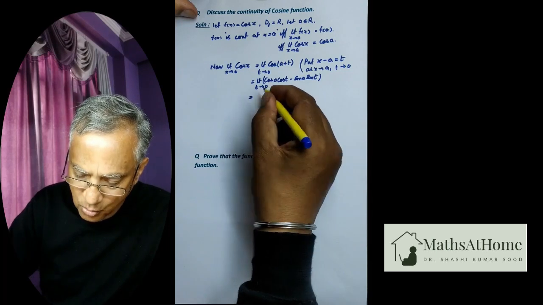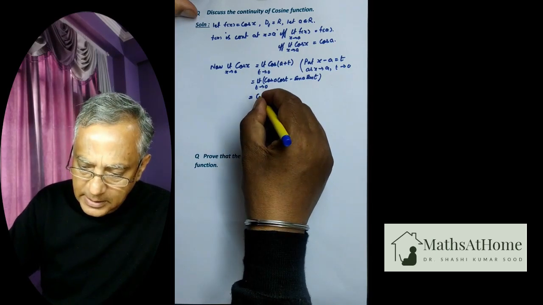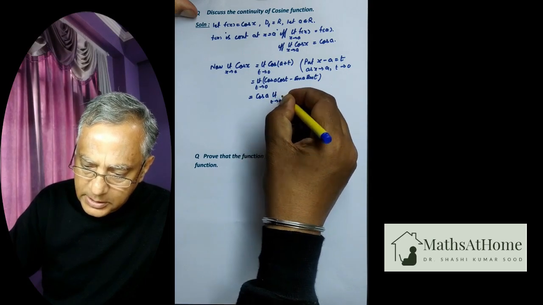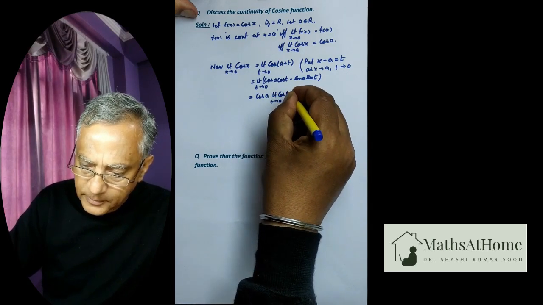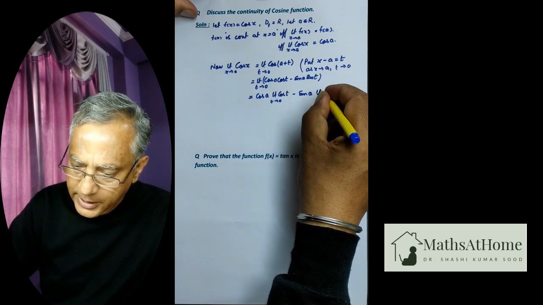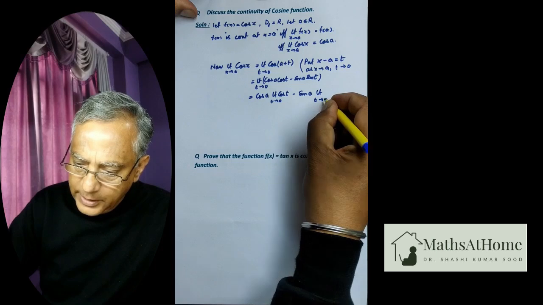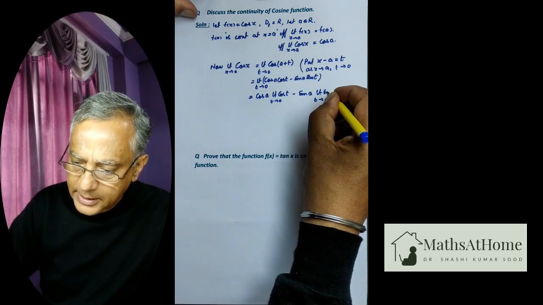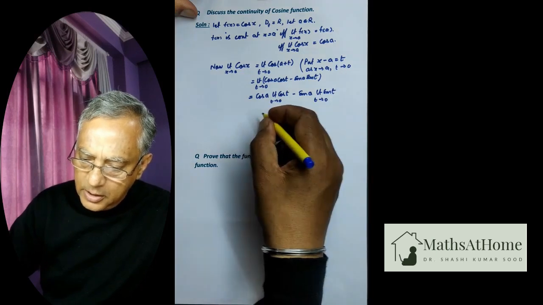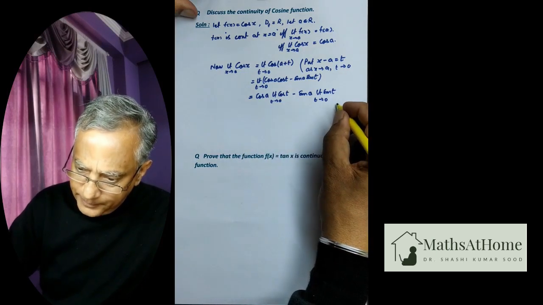And this is equal to, now cos a is constant, therefore it can be taken out. Cos a times limit t approaches 0 of cos t, minus sin a is constant, we take it outside, and we get limit t approaches 0 of sin t. Now we will use two standard results.